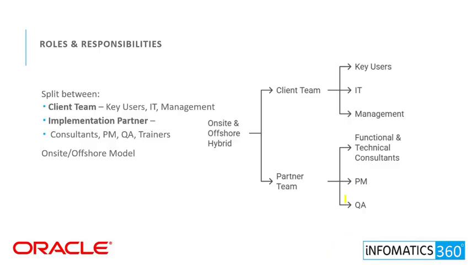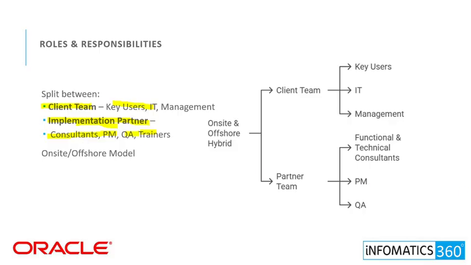Then roles and responsibilities. In every Oracle implementation, two main teams work together: the client team and the partner team. The client team includes the key users, IT staff and management, who share the business needs and approve the solution. Next comes the implementation partner team, which includes functional and technical consultants, a project manager, quality analyst, tester, and trainers.